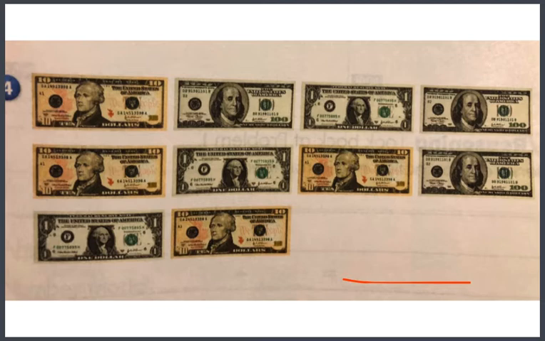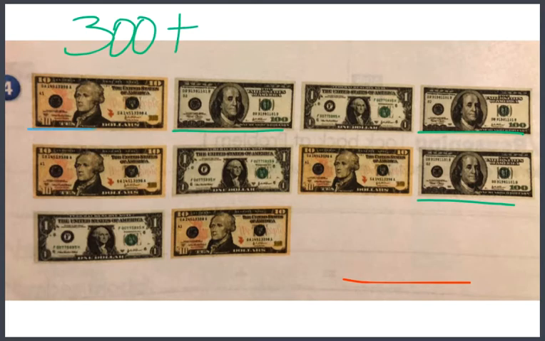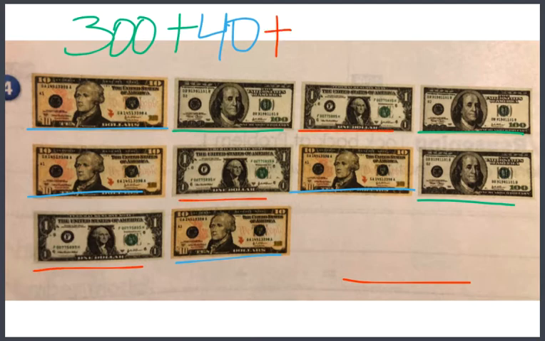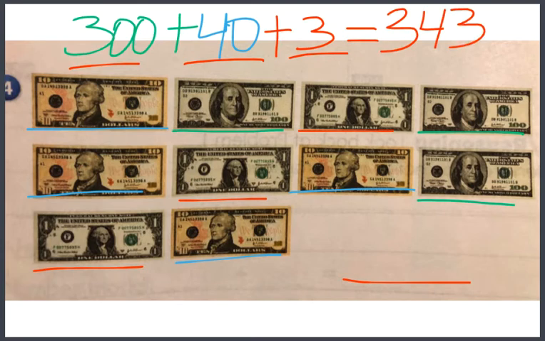And the last one has $100 bills, $10 bills, and $1 bills. You'll also notice that they are not in a certain order. 100, 200, 300. 10, 20, 30, 40. 1, 2, 3. 300 plus 40 plus 3 equals 343.